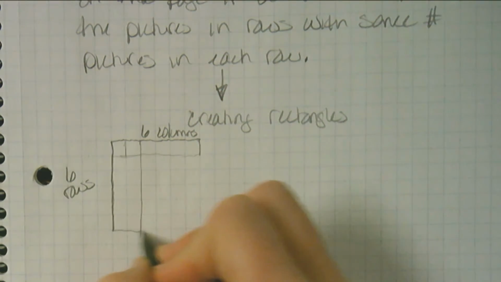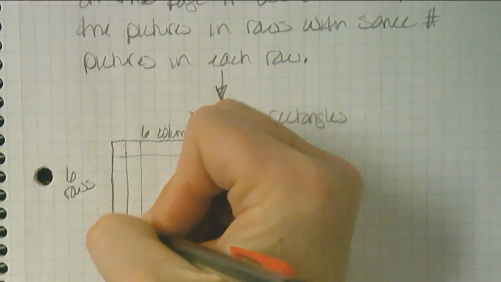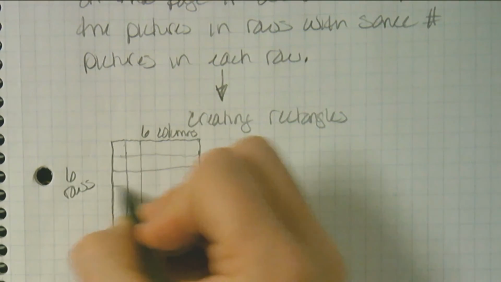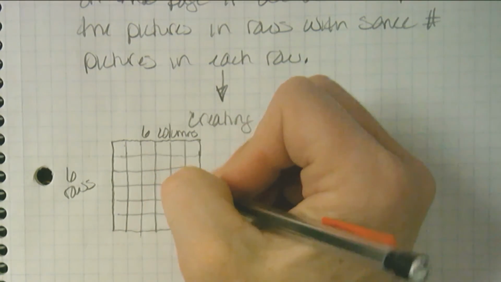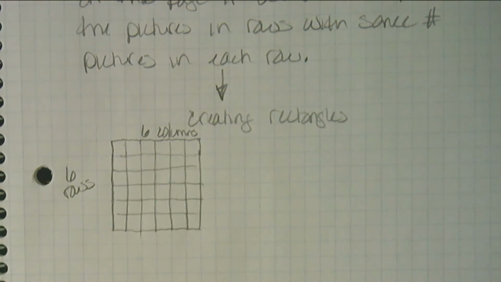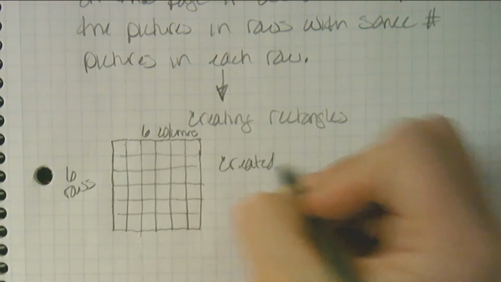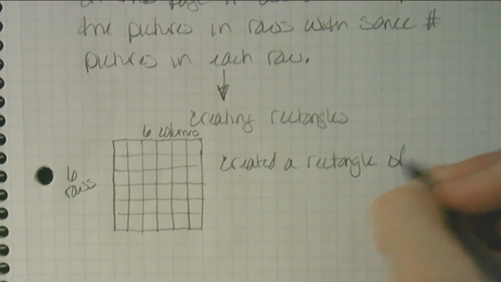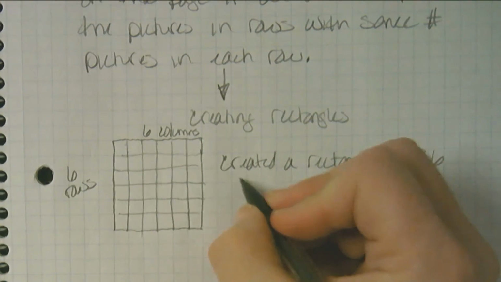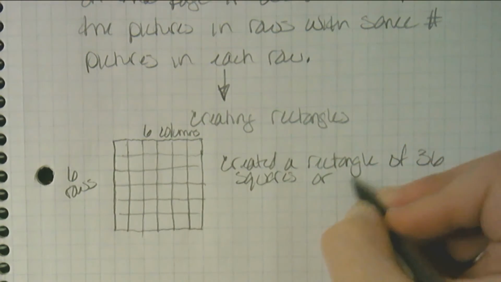All right, so now what I've done is I've created a rectangle that has 36 squares in it. 36 pictures.